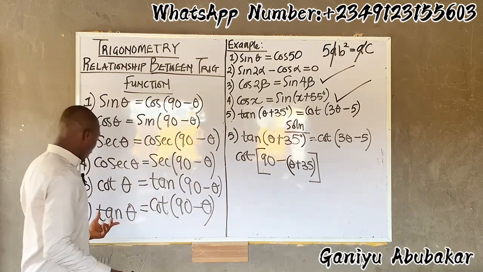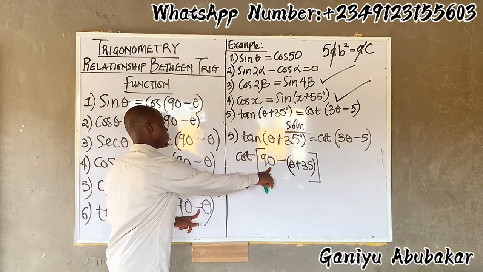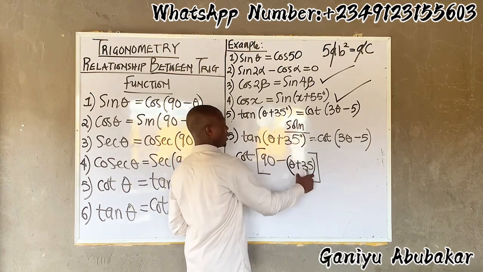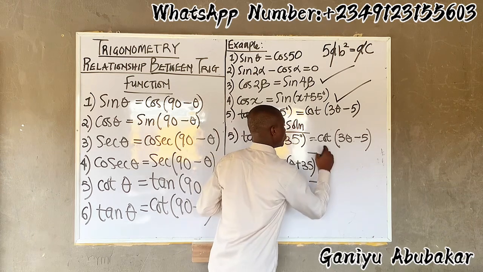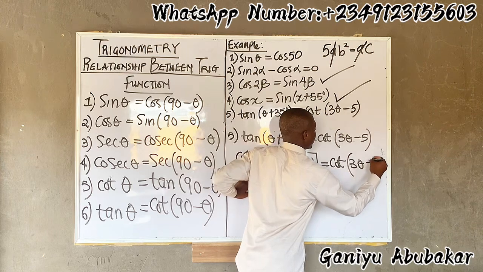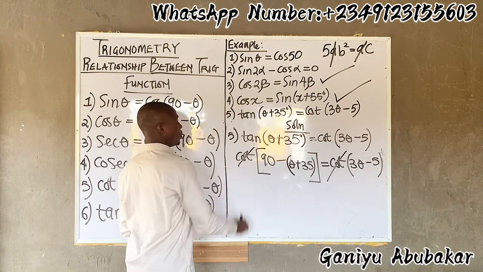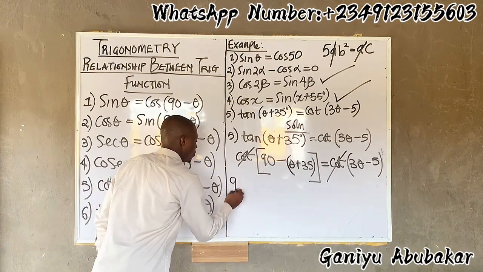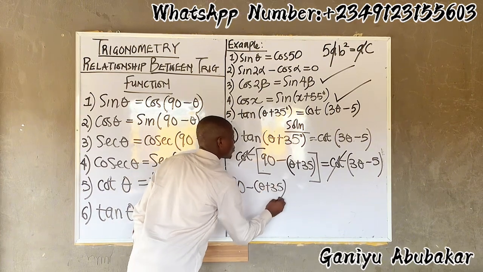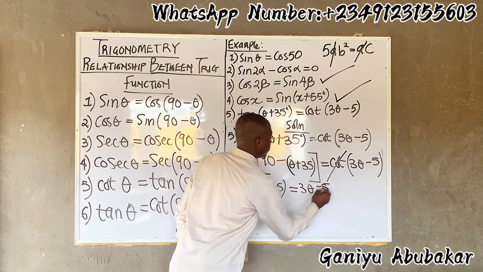For tan, this becomes cot of 90 minus theta, where theta is assumed as everything here, being equal to cot of 3 theta minus 5. So I have this. Of course, we expect this cot to cancel this cot. What I have here is 90 minus the bracket of theta plus 35 being equal to 3 theta minus 5.